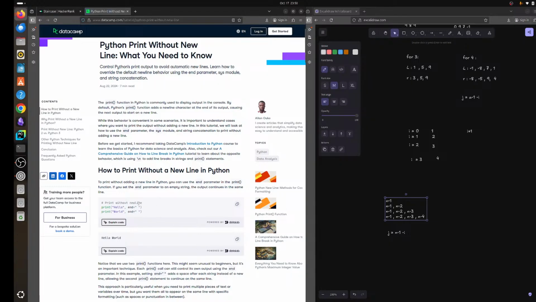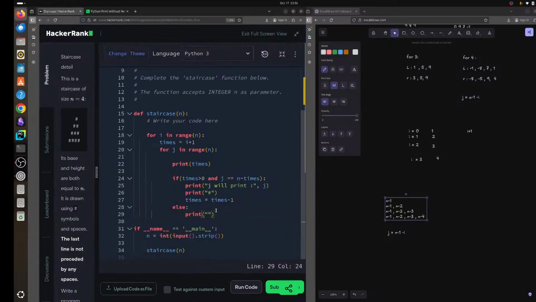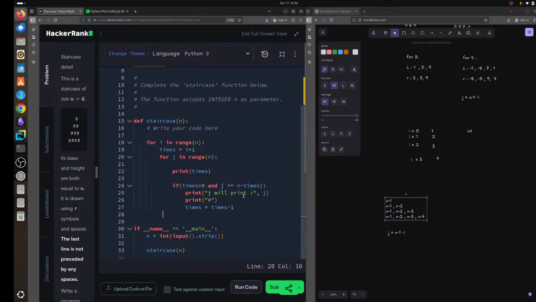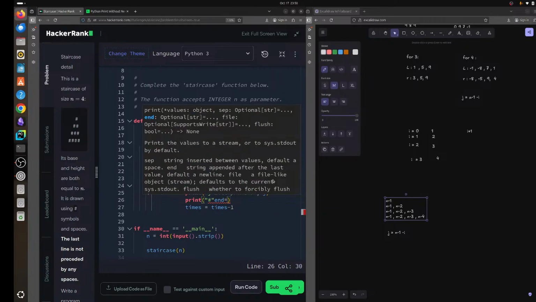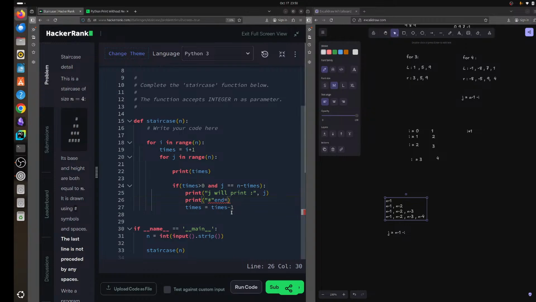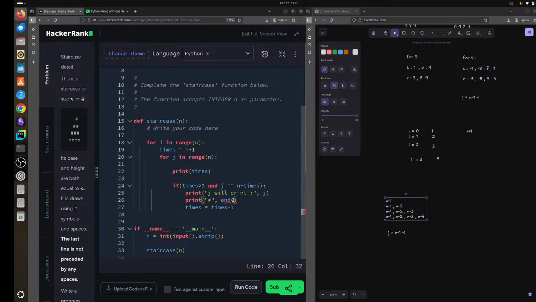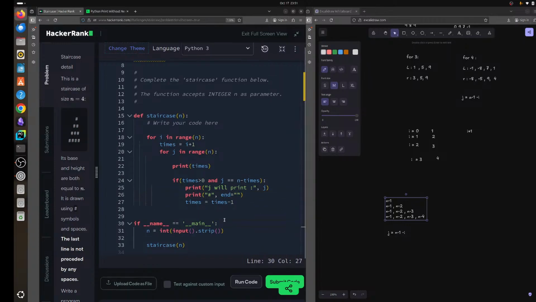end equals to space. Okay, cool. This is not a good thing. Print, end equals to, run code.